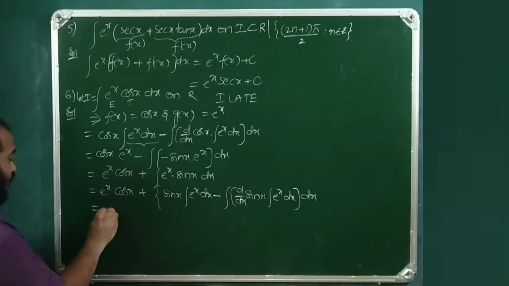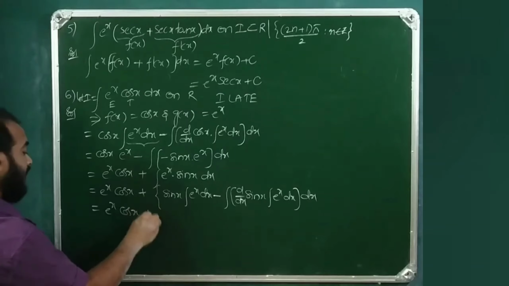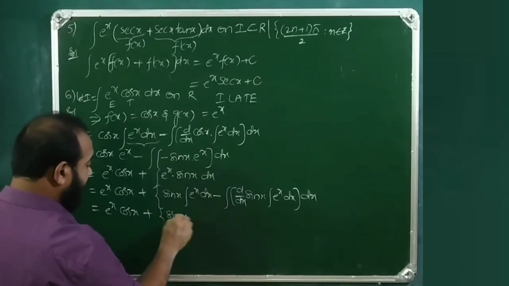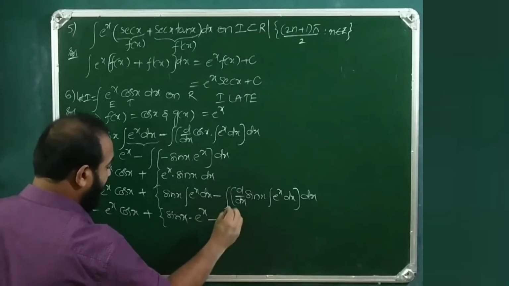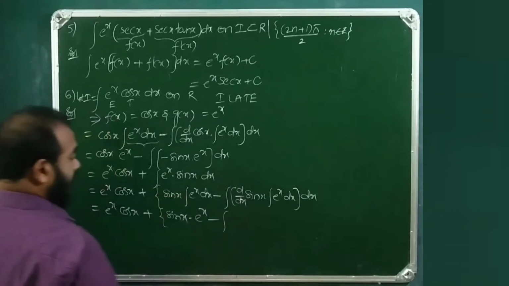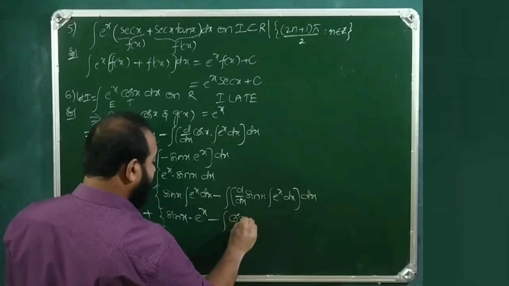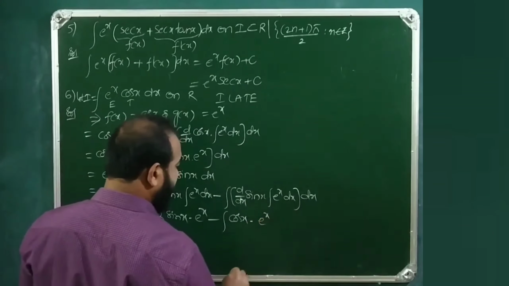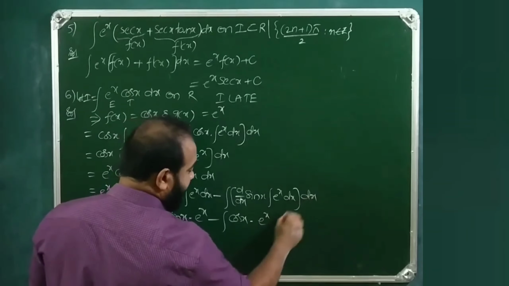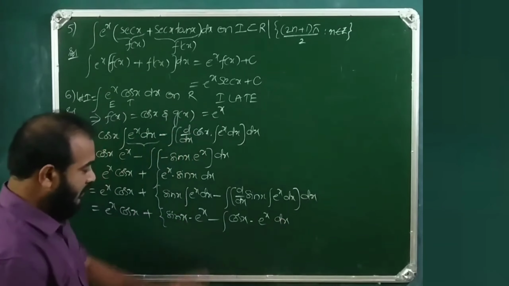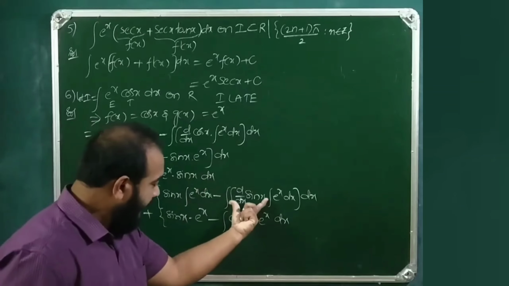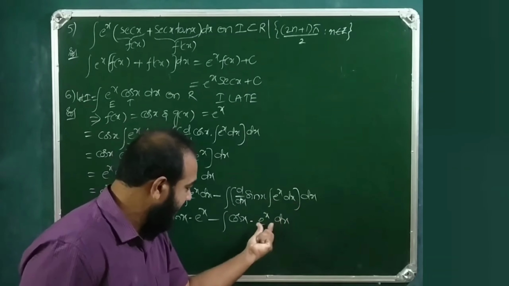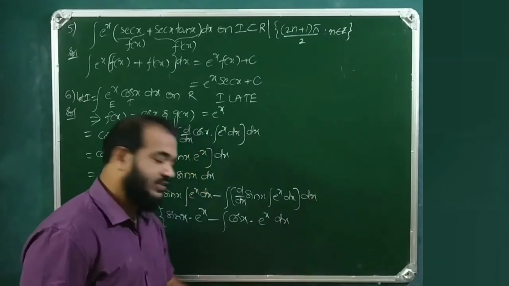So this is equal to e power x into cos x plus sin x, integral e power x dx is e power x, minus d by dx of sin x is cos x into integral e power x dx is e power x, dx.